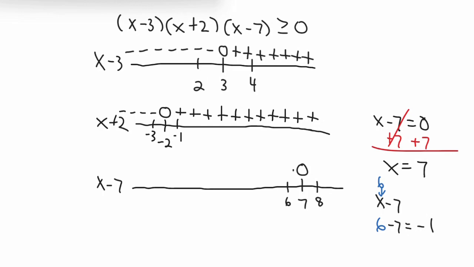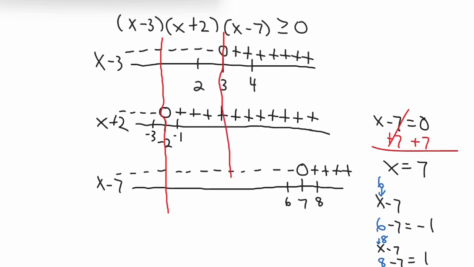Anything to the left of 7 is going to be negative. If you plug in 8 for x, we get 8 minus 7, which equals 1. 1 is positive, so for values greater than 7, like 8, it's going to be positive. The next step is to draw a vertical line through the zeros.